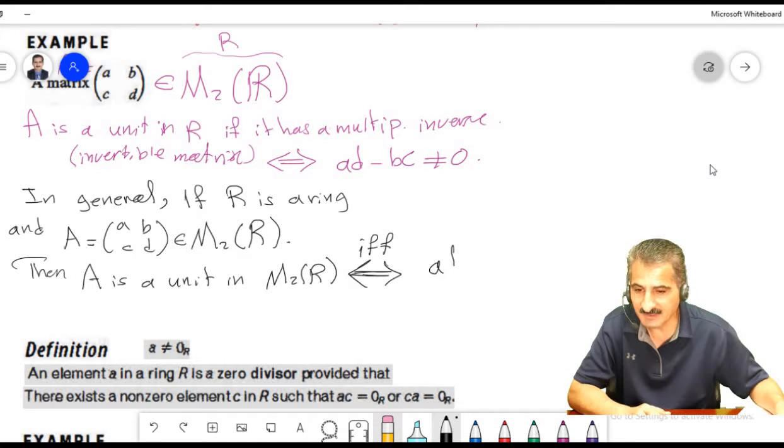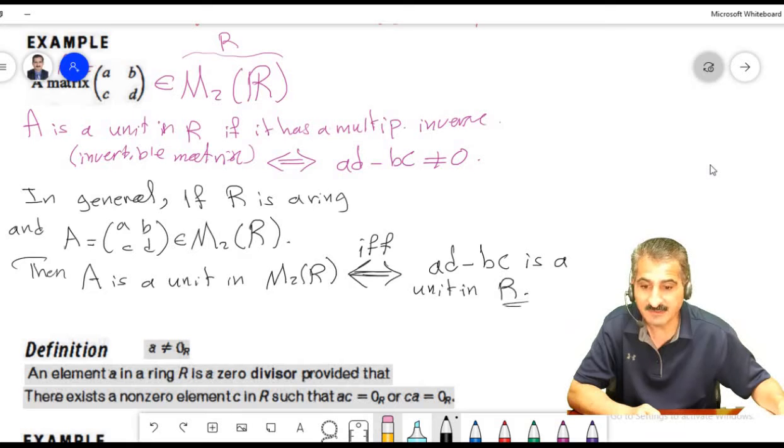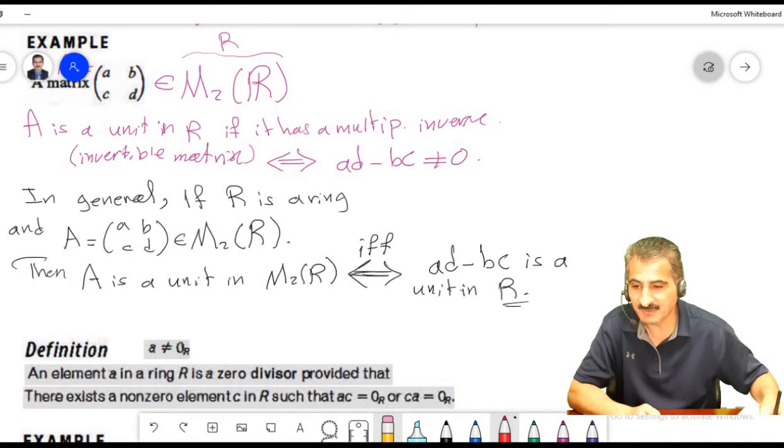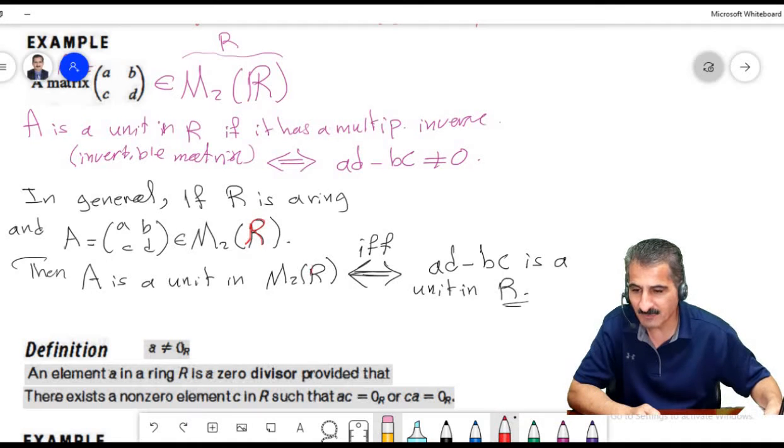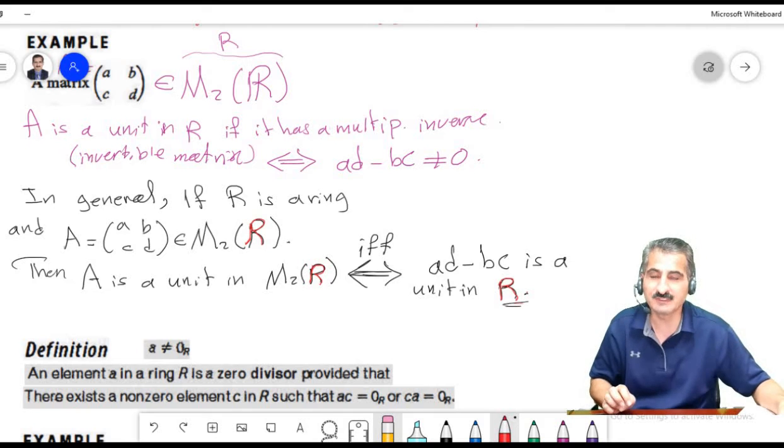AD minus BC is, thank you, a unit in R, the ring that is coming from here. And a question on the first quiz was based on this, right? A unit in the ring R.